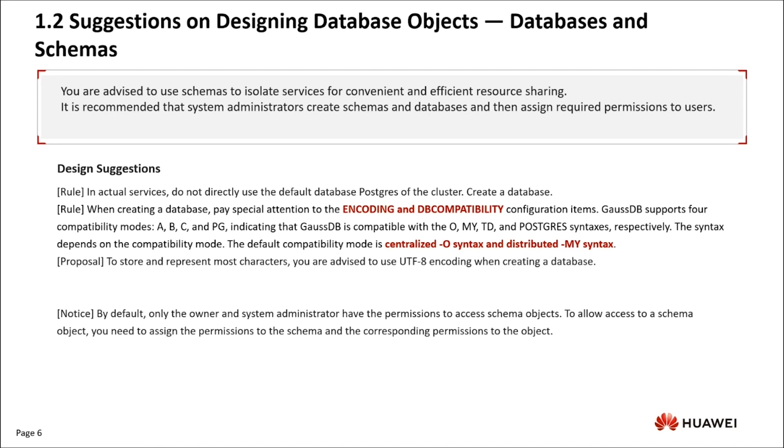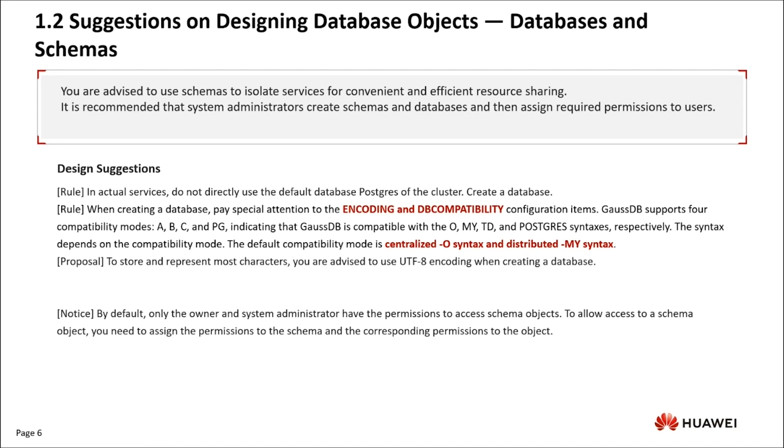Actually, in GaussDB, you can either use database or schema to achieve business isolation. The difference is that database isolation is more thorough. Resources are rarely shared between different databases. It can achieve connection isolation, permission isolation, and so on. There is no direct mutual access between databases.